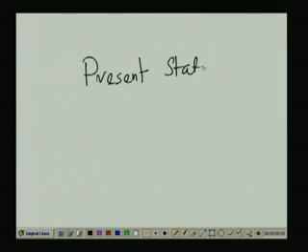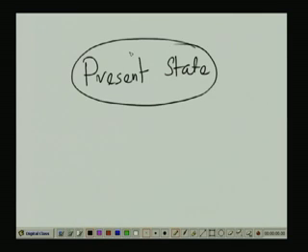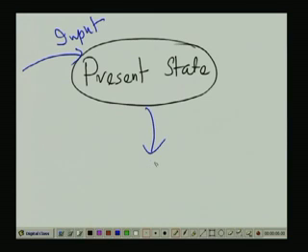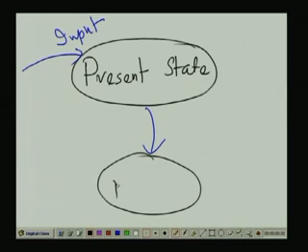If this is the present state and an input comes, what will be the next state?